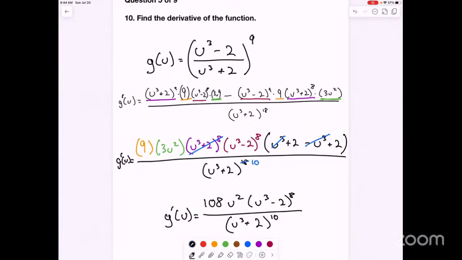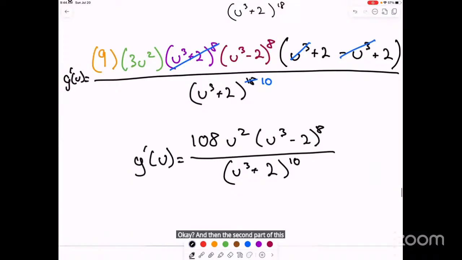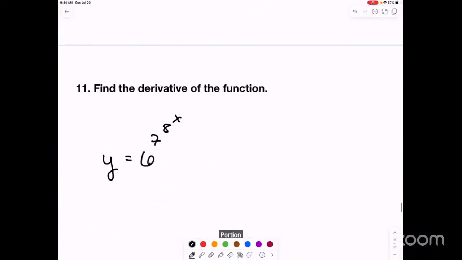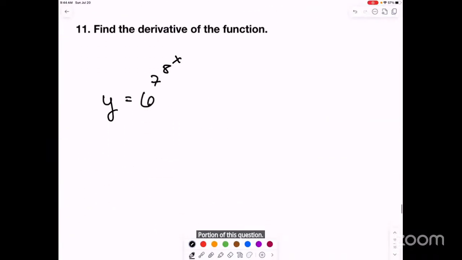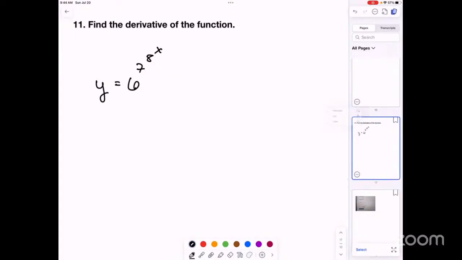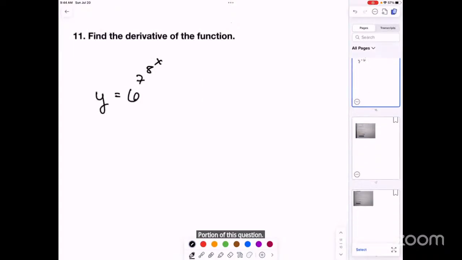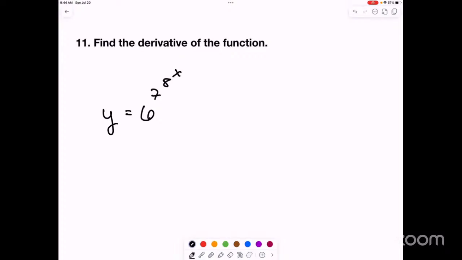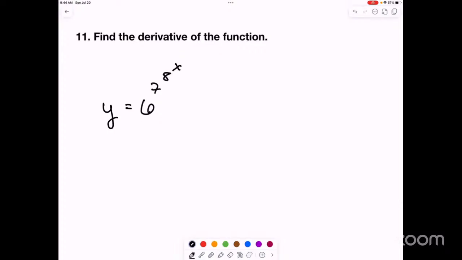And then the second part of this question, or another portion of this question, here we're asked to find the derivative.